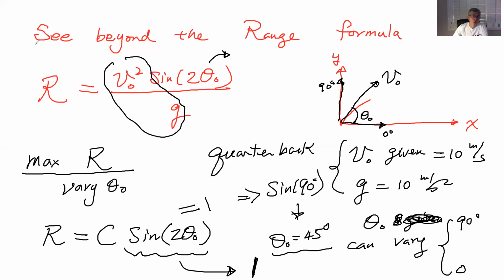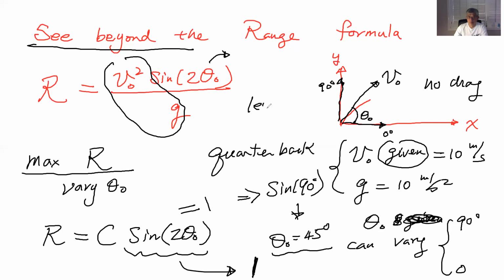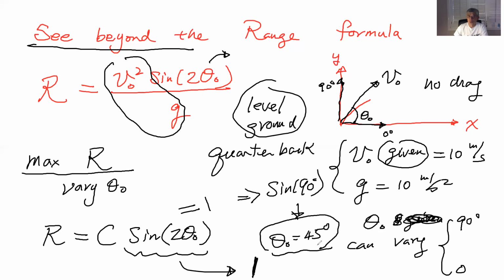When you look beyond the range formula, it gives us a hint that if your V0 is fixed, g is fixed, there's no air drag, theta 0 can vary, and you're on level ground, then when theta 0 is 45 degrees, it will give you the maximum R that you're looking for.